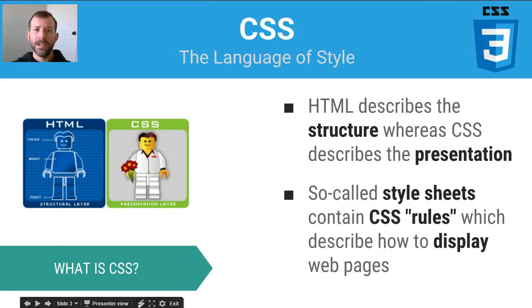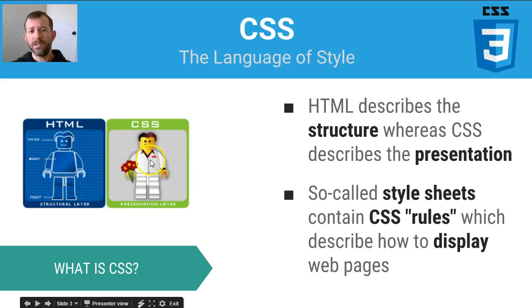I use a lot of different analogies to teach the difference between HTML and CSS. HTML can be considered to be the content or the structure, whereas CSS can be considered to be the display or presentation. So in this example, I have a boring structural Lego guy on the left. He just has a head, a body, feet, hands. But the right version is once we add CSS. See how he's in his Sunday best?